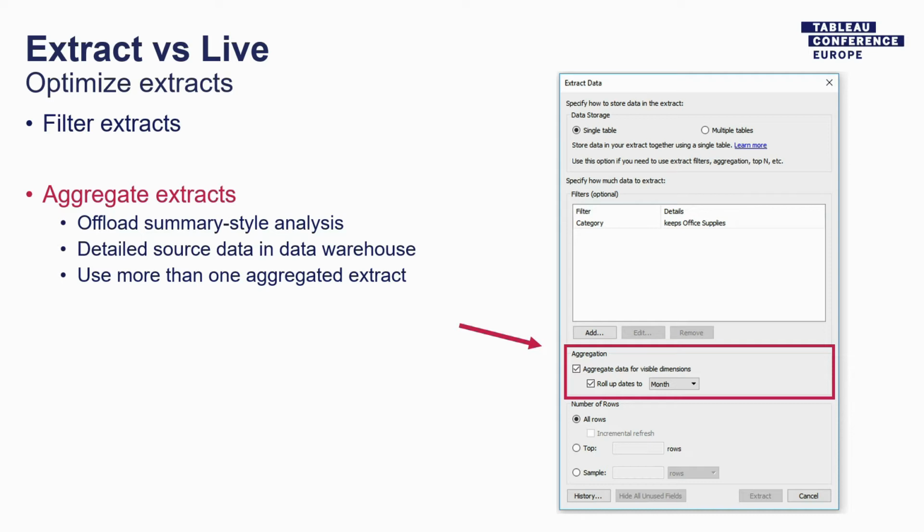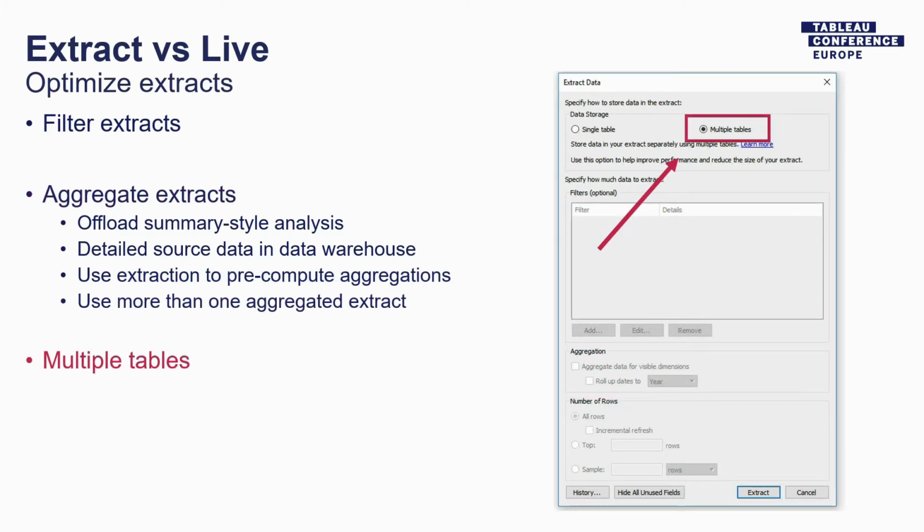So why not pre-aggregate the data on the daily level beforehand? When you use an extract for a specific workbook or use case, you can hide the unused fields entirely or roll up the data to the dimensions you have visible in the view. You can also use this technique more than once, so you're not bound to one data source and one extract. You might end up with multiple data sources from the same database, just on different levels of granularity.